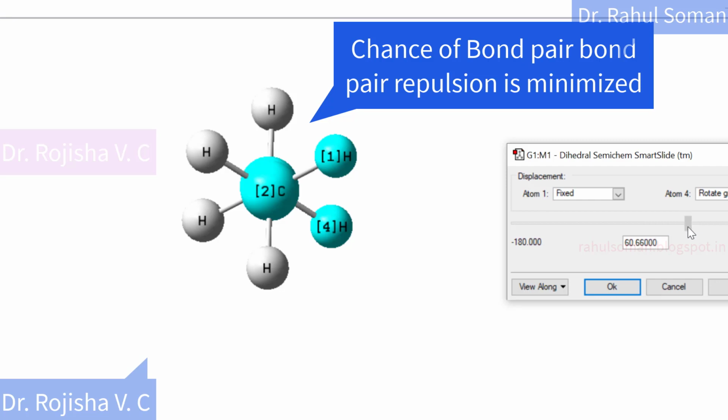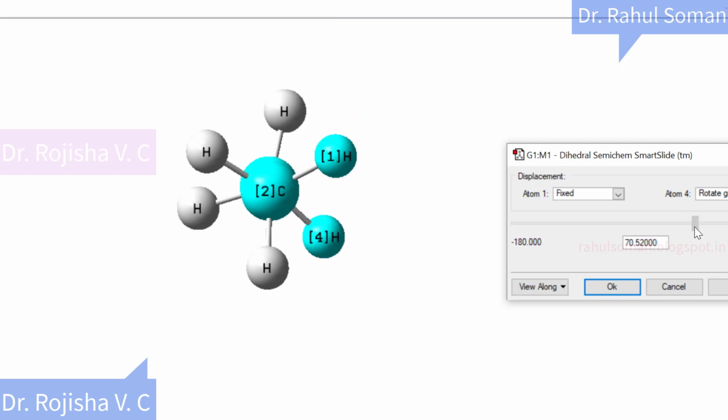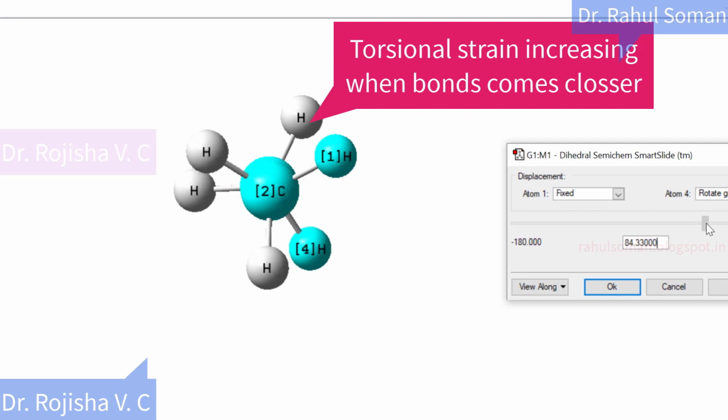And again, if we increase the rotation, what will happen? This hydrogen will start moving towards the next one, and the bond pair repulsion will start. That repulsion, the strain caused by bond pair repulsion, is called the torsional strain, and the energy related to the torsional strain is called the torsional energy.